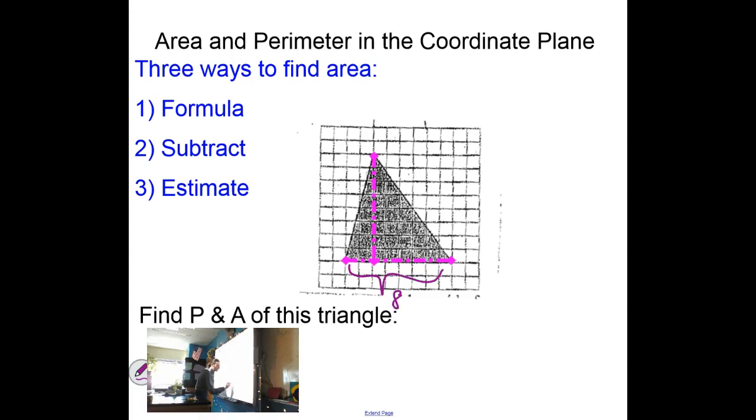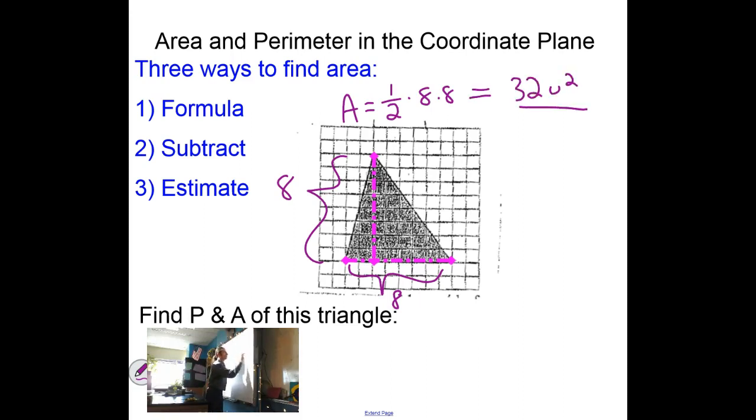So that's 8 units. The height, 1, 2, 3, 4, 5, 6, 7, 8. Oh, it's 8 by 8. The area of this triangle, 1/2 times 8 by 8. 8 times 8 is 64. The area is 32 units squared.